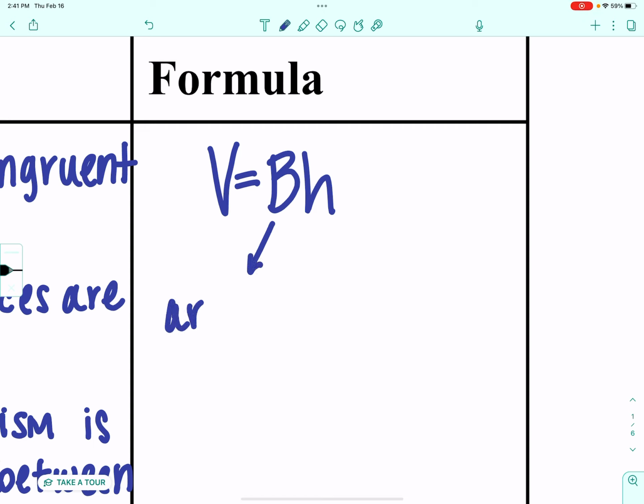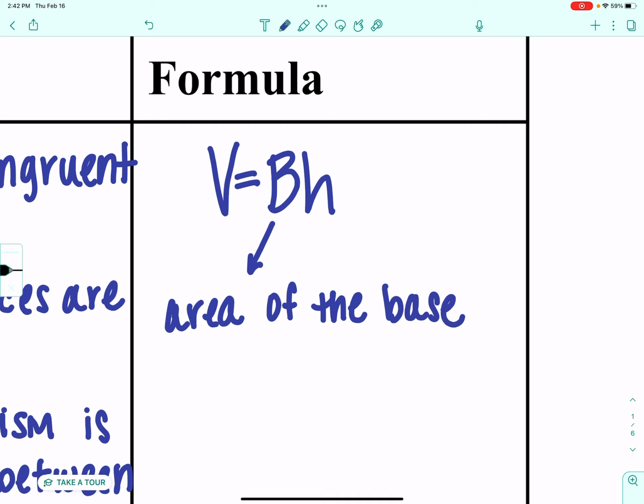B is the area of the base. So if that base was a triangle, then right in there we would use the area of a triangle formula. If the base was a rectangle, we would use the formula for the area of a rectangle. If it was a dodecagon, it won't be, but if it were, we would use the formula for the area of a dodecagon and substitute that for our B.